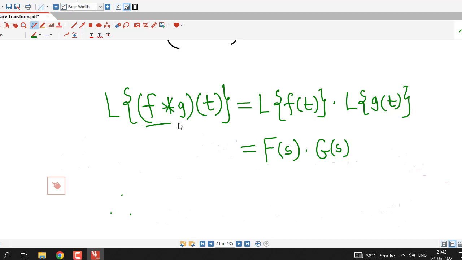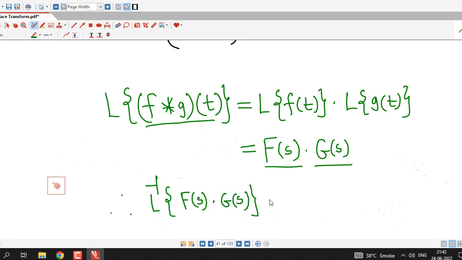Because Laplace transform of f star g is capital F of s into capital G of s, we can say that inverse Laplace transform of product of capital F and capital G is equal to f star g, which we can obtain using the definition of convolution.